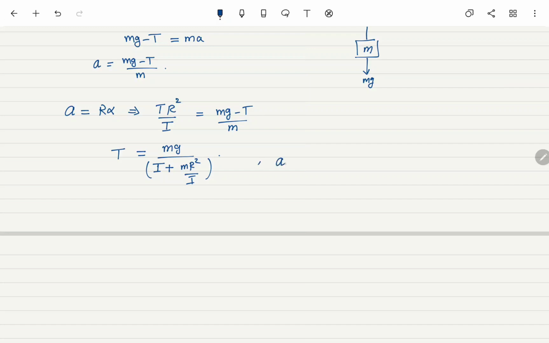A in this case is equal to g divided by 1 plus I over mr square, and alpha equal to a over R, which equal to g divided by R plus I over mR.